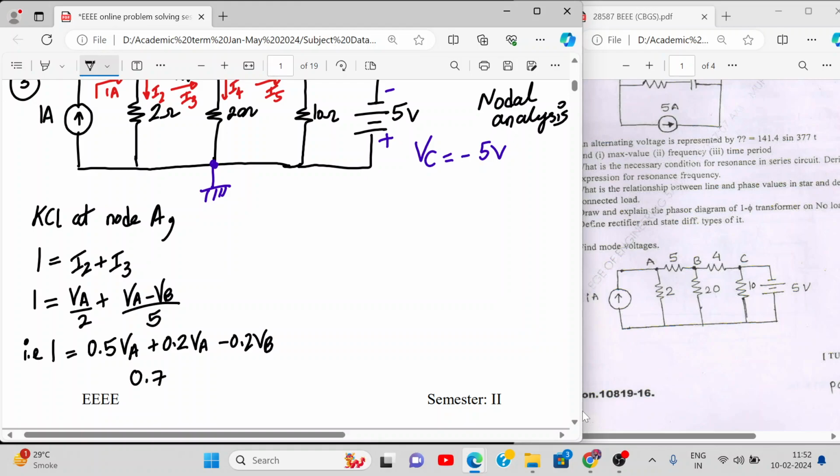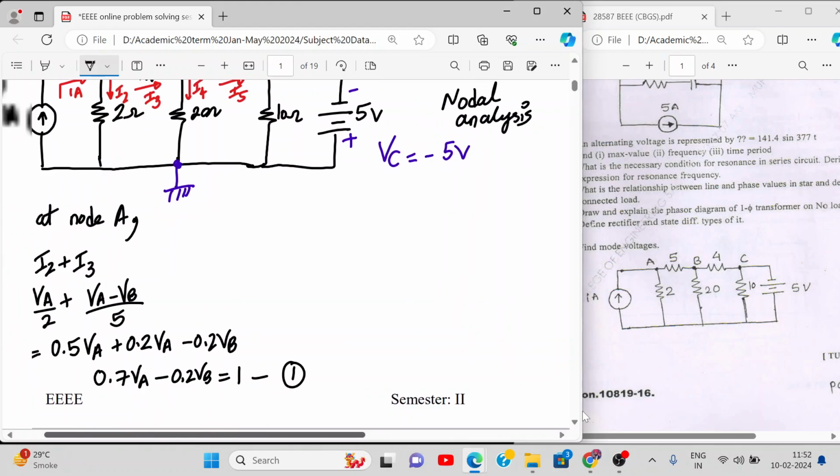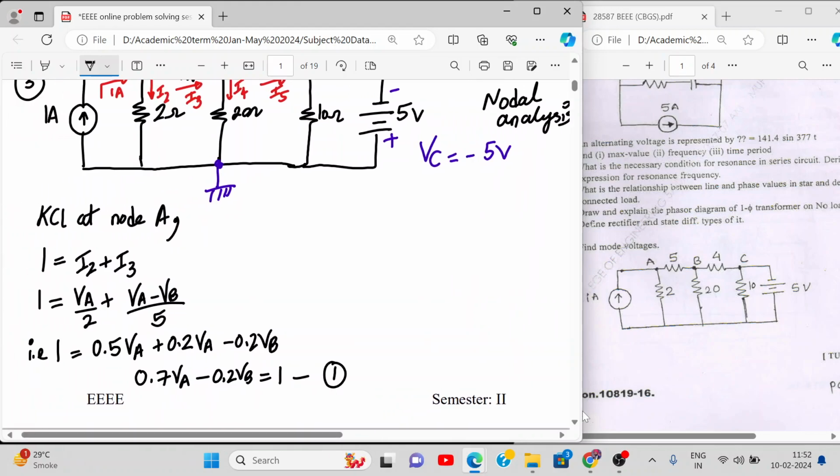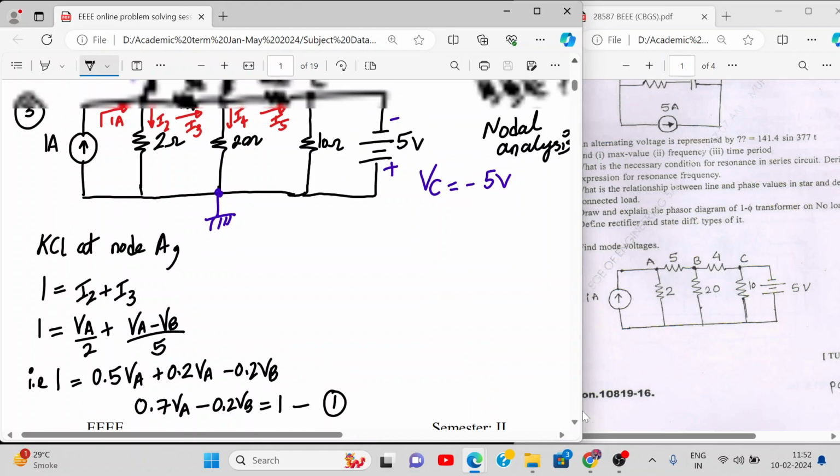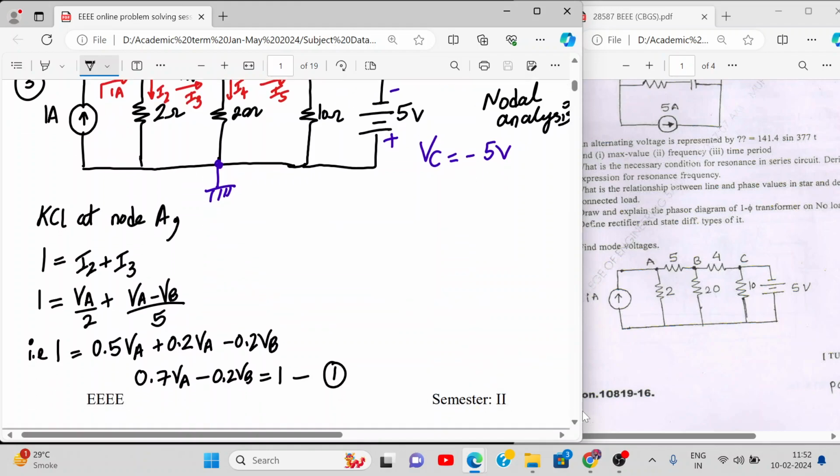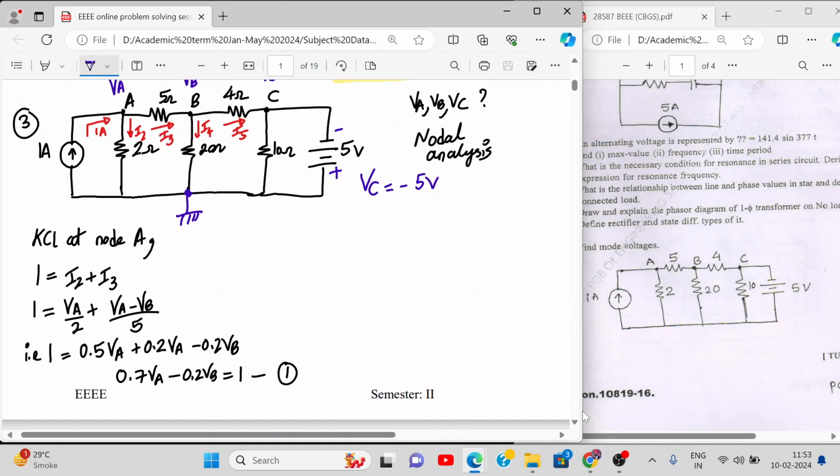So 0.7 VA minus 0.2 VB is equal to 1. Is it correct? Are you getting the same equation? Yes, sir. Okay, I was just confirming whether you are all solving together.